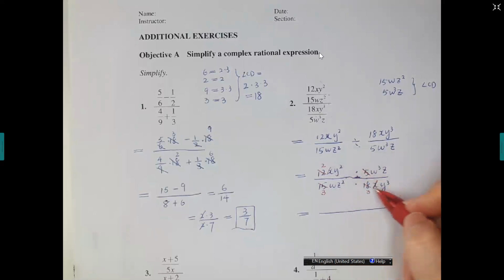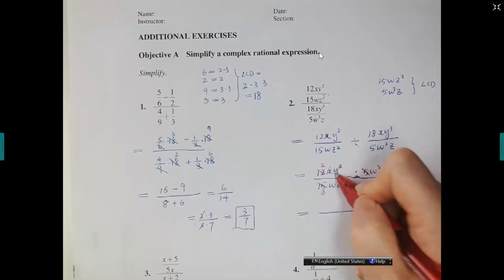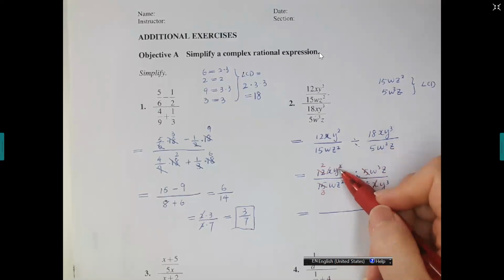When they have the same variable, we divide by the one which has the minimum exponent. So y to the second, divide by y to the second: this factor is gone.